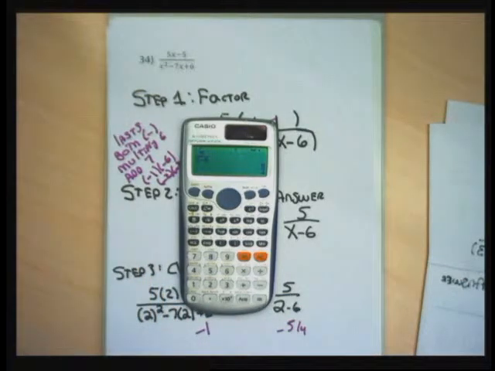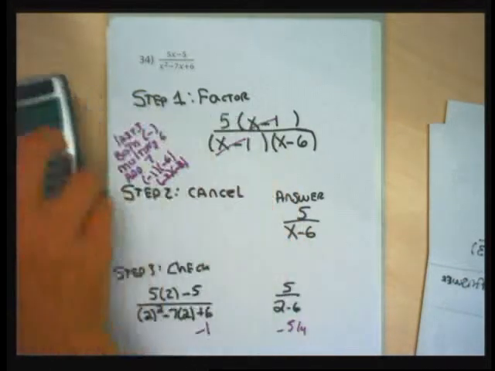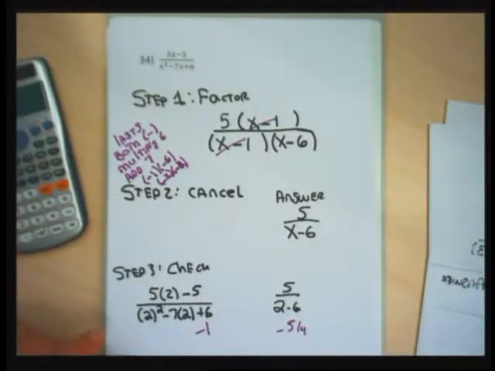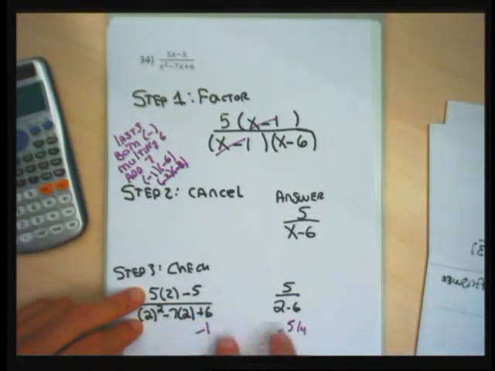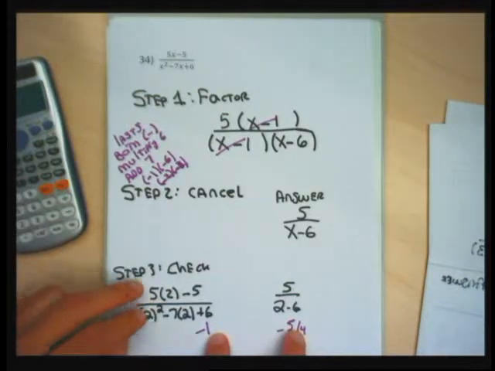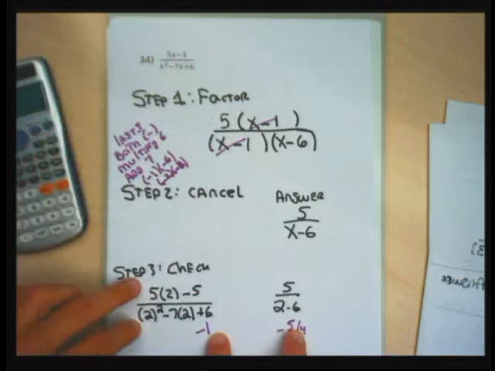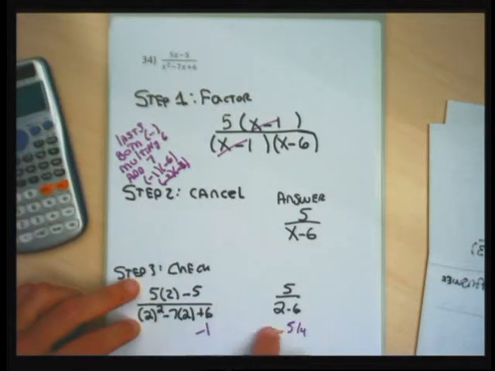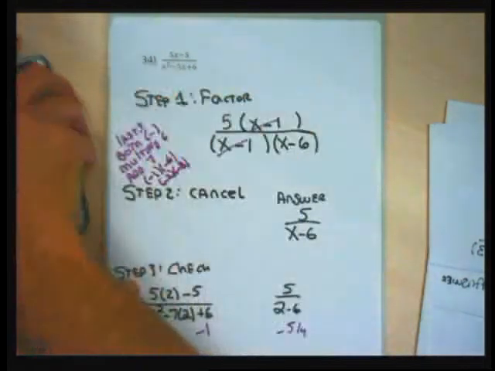This is not comforting, but I may have made a mistake somewhere. Maybe I entered this wrong. But is the mistake in my algebra or is the mistake in my calculator? Let me redo this checking here because I don't think I have a mistake up here.